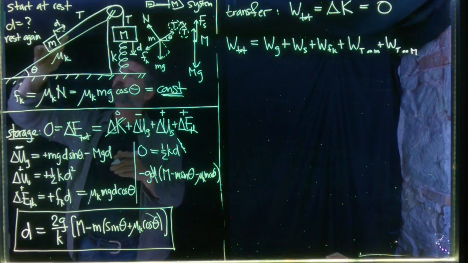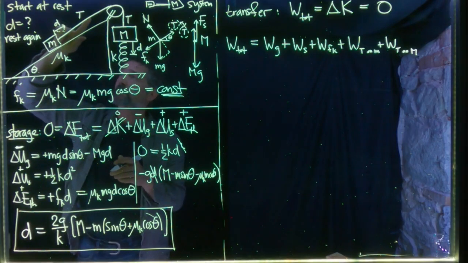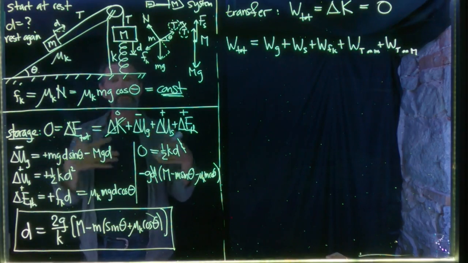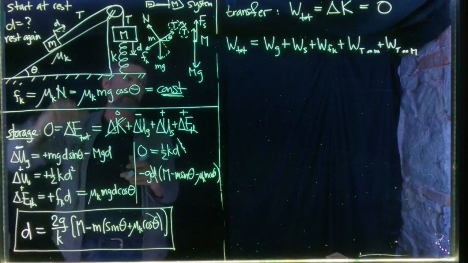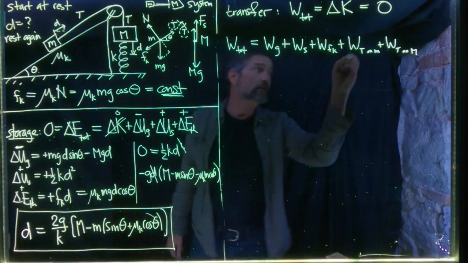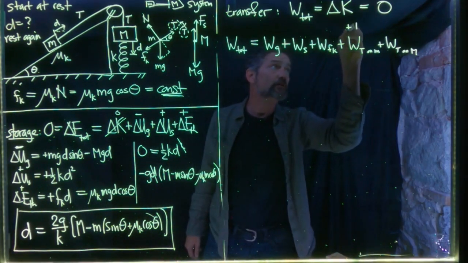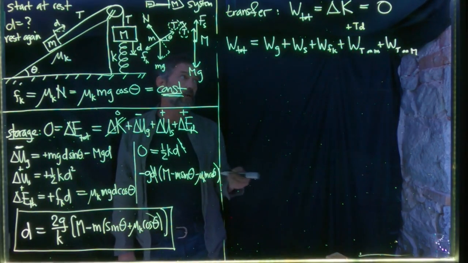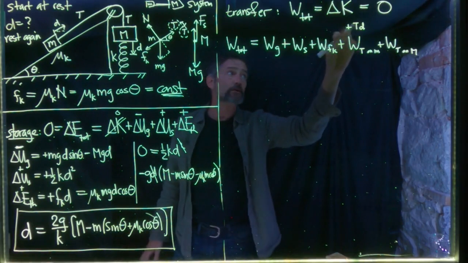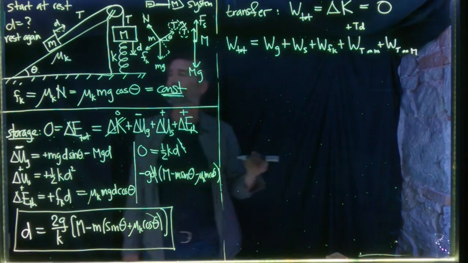The force that the tension exerts is that way, the displacement of little m is that way, and so force dot displacement is positive. It's just positive the tension times the distance d that it slides through, if T were constant. It's not really constant, but the point is it's positive something.